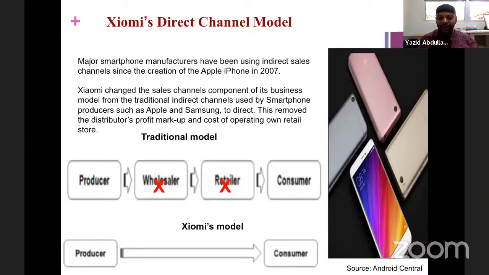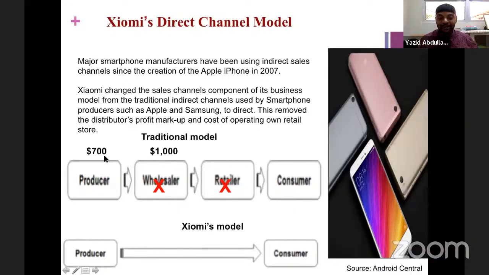Now, you might be wondering, how does that give Xiaomi any advantage? Now look at this. Let's go back to Apple. When they want to sell their iPhone, Apple might need only $700. If they sell the iPhone at $700, as an example, they can make a profit. However, because Apple uses middlemen, the wholesalers will buy the phone from Apple, and what do they do? They add to the price.